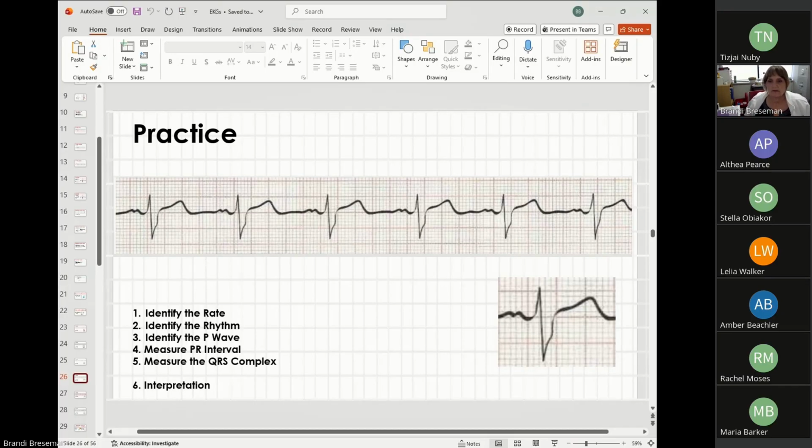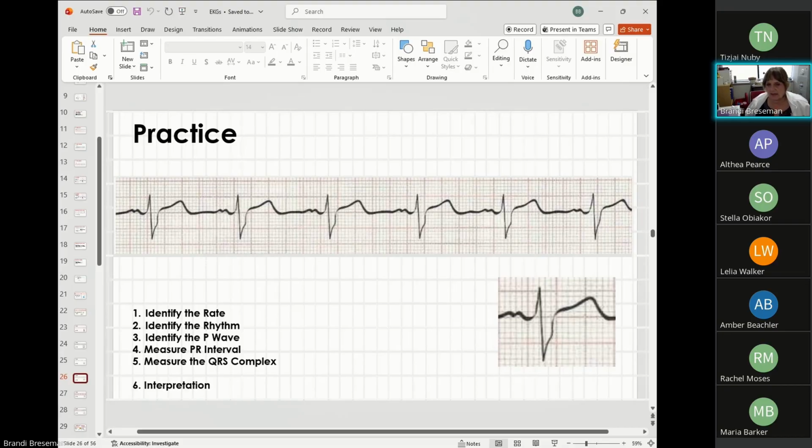Okay. Yes, heart rate is 60. Rhythm is regular. It looks like two P waves to me. It does look like two P waves, and what I'm going to say is it could be artifact or the way that the leads are placed.